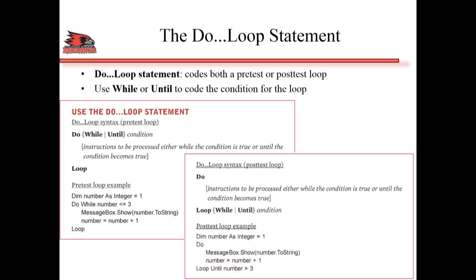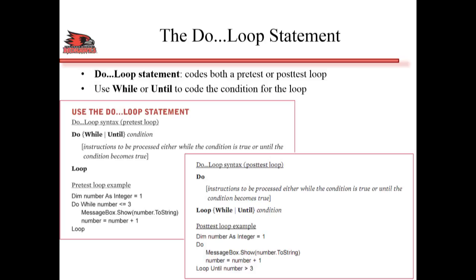Back to the top of the loop, then again the number is checked, it's 3, and 3 is less than or equal to 3. Again the message box is shown, and the number is incremented by 1 again to 4. Back to the top of the loop. Now the number is equal to 4, which is not less than or equal to 3, so there is no more processing of the instructions.